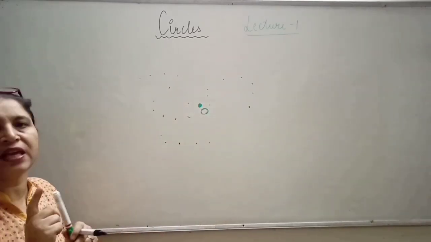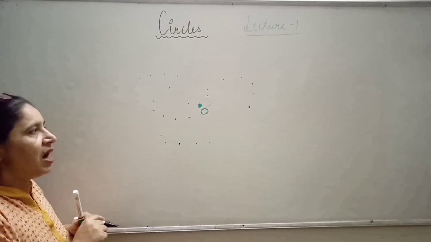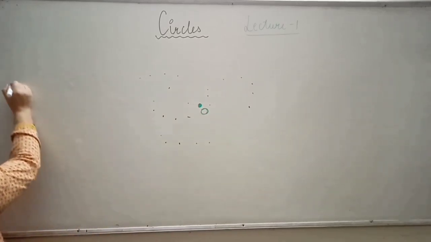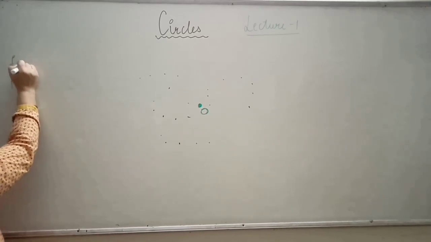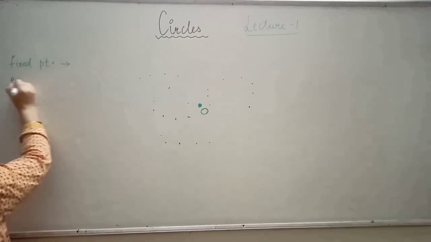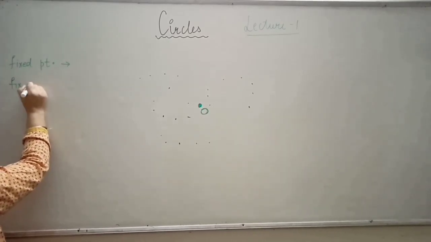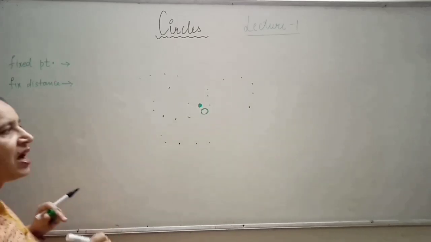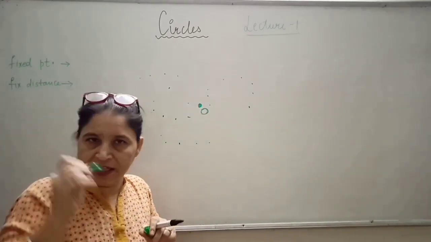Now after fixing the point, I have fixed one distance. First I fixed a point, one point is fixed. Then I am going to fix a distance also. Suppose I have fixed 15 centimeter.